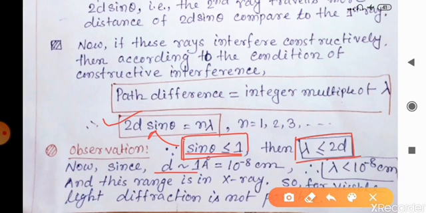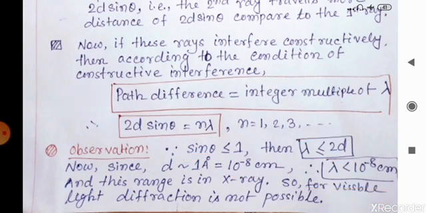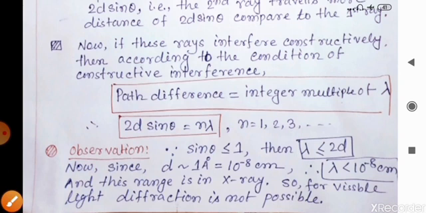Since d is about 1 angstrom, the interplanar spacing for most crystals, which is about 10 to the power minus 8 centimeter, lambda must be less than 10 to the power minus 8 centimeter.